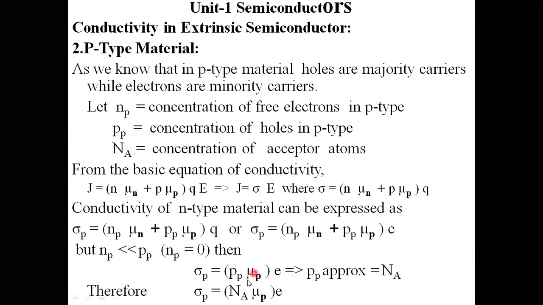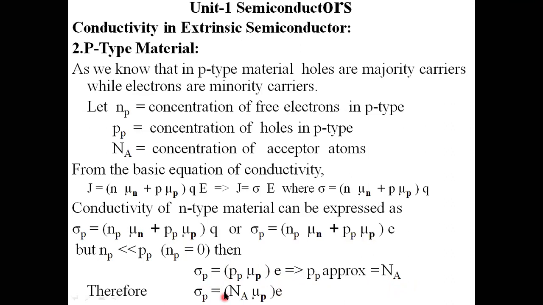Here Pp, the majority carrier holes in p-type semiconductor material, is mainly because of acceptor impurities only. We obtain this large number of holes in p-type semiconductor mainly because of these acceptor impurities or atoms.